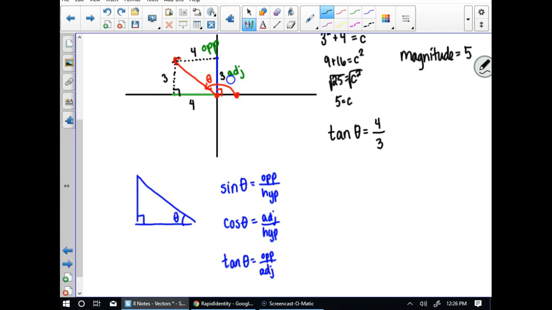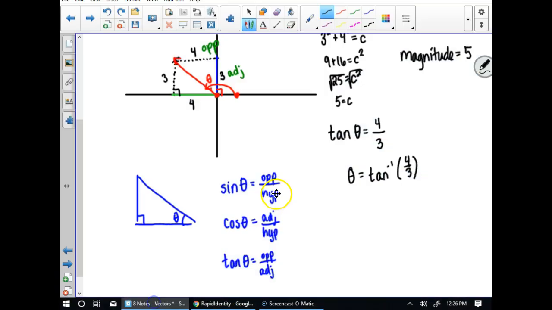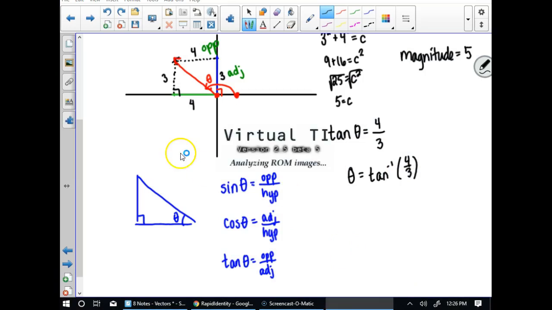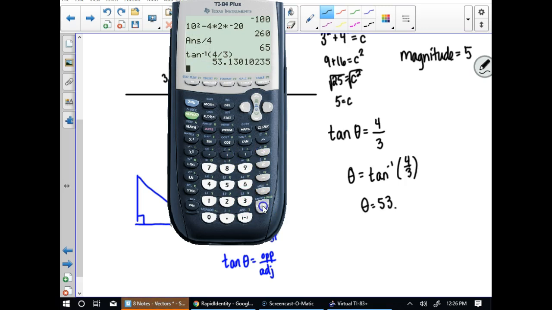And how do you undo tangent so you can get that angle by itself? Inverse tangent. So you'll do inverse tangent of 4 over 3, and we're going to get theta is 53.130 degrees.